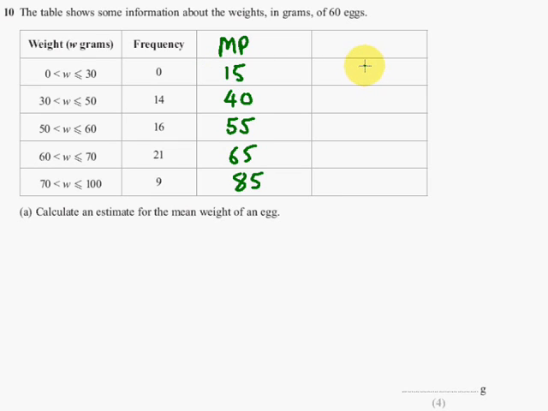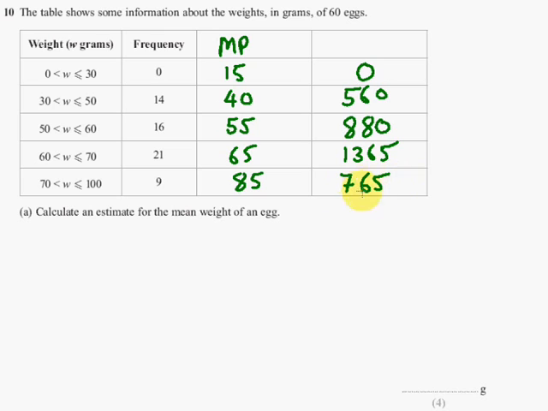Okay, and that gives us a total weight of 0. 14 times 40 is 560 grams here. 16 times 55 is 880, so there's 880 grams of egg here. 21 times 65 gives us 1,365 grams. And 9 times 85 gives us 765 grams.